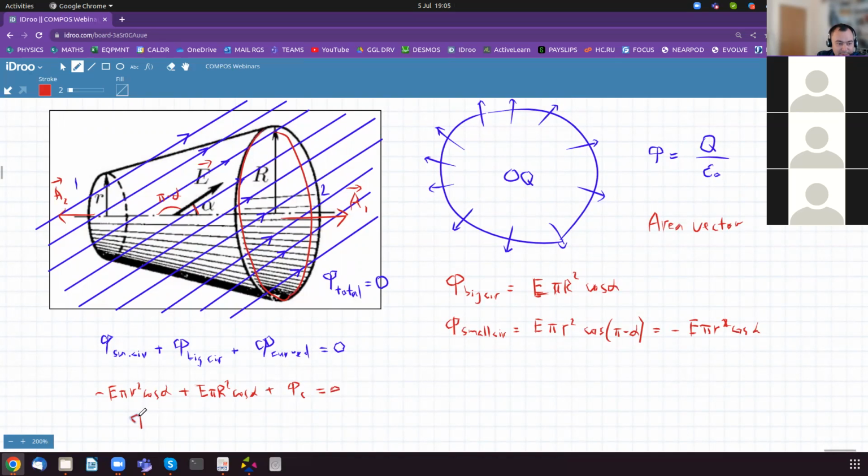That's all we need to find the flux through the curved surface. Because we can calculate the flux through the small circle, we can calculate the flux through the big circle, and we know that the total flux is 0. Therefore, we can work out the flux through the curved surface.